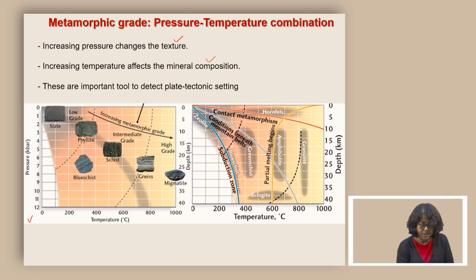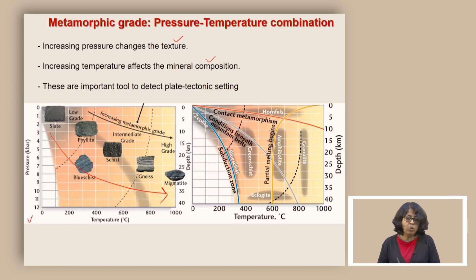As we just discussed, the coarseness of the texture will increase as we go with increasing metamorphic grade, as well as the crystal size. And then when we are talking about mineral composition, the mineral composition also changes as we are increasing the metamorphic grade.